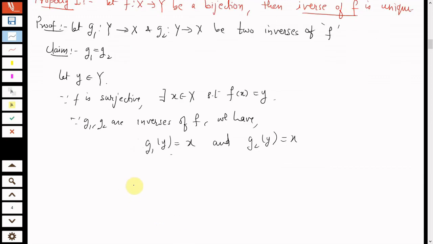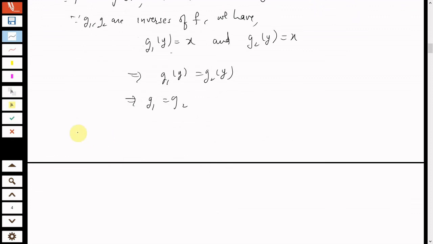So what have we proved? We see that g1 of y from here is equal to g2 of y. So we start with any arbitrary point in Y, and we have shown that its images under g1 and g2 are the same. So this proves that g1 and g2 are identically the same, and therefore the given bijection has a unique inverse.